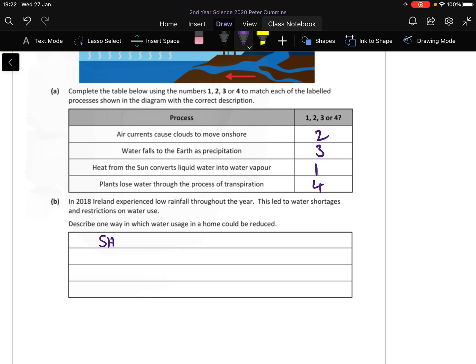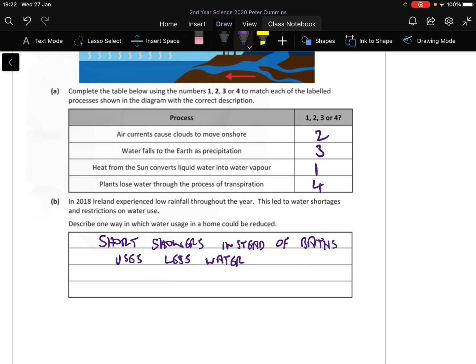So one way in which water usage in a home could be reduced: things like short showers instead of baths uses less water. Not using your hose to water your garden would use less water.